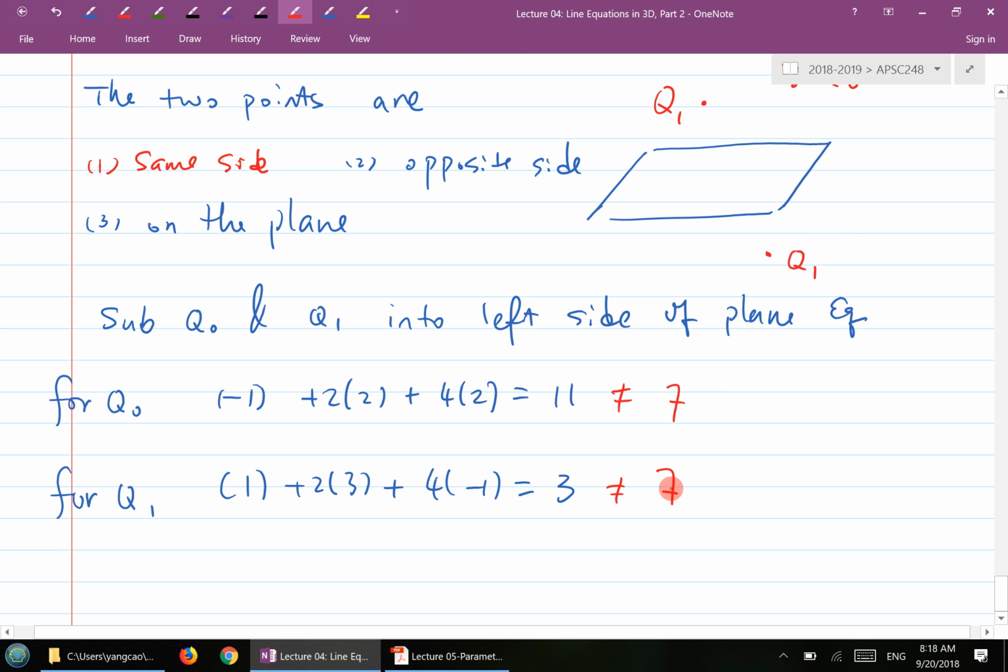They're not on the plane. So if they're not on the plane, then the question is, are they both on the same side, or are they on opposite sides? The first one or the second one? How do we know?